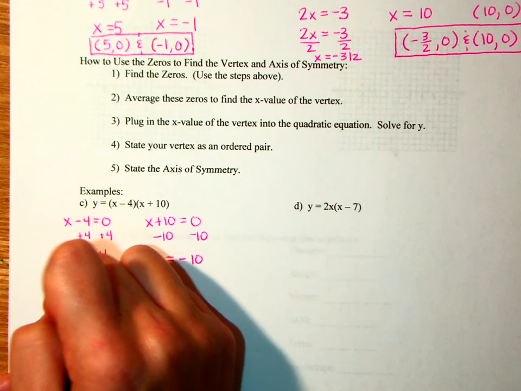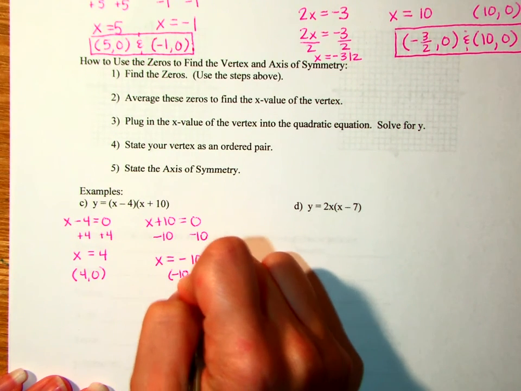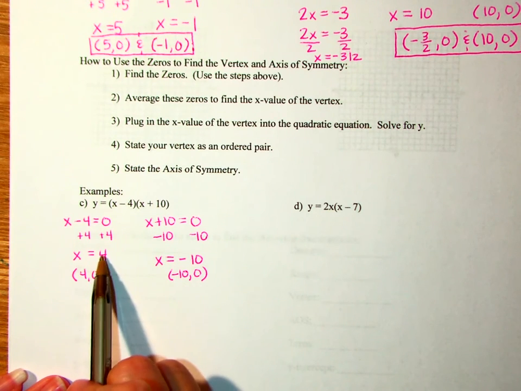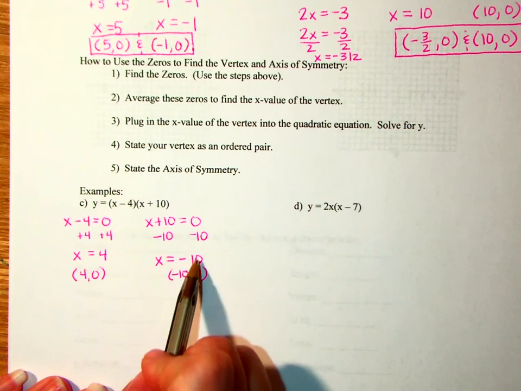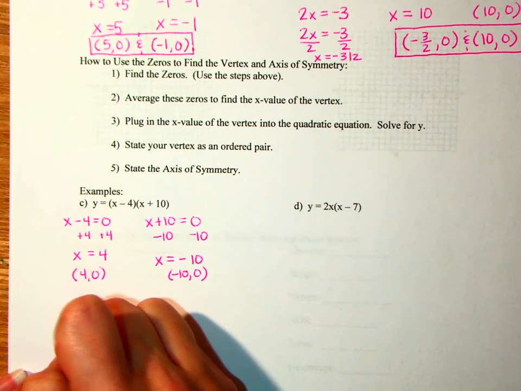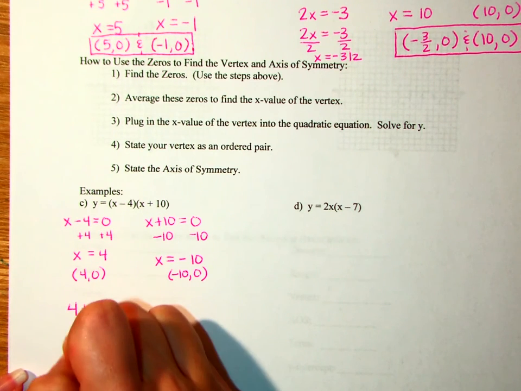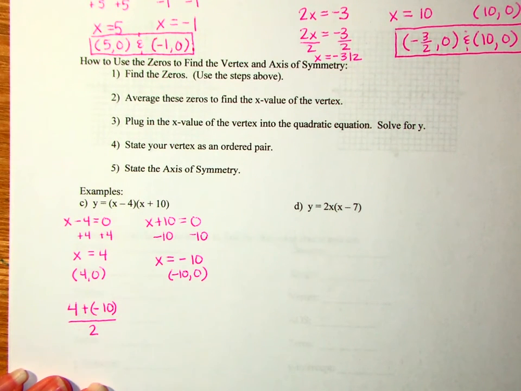Now we know how to state these as an ordered pair because we could graph those points on the graph. But all I'm really interested in is the 4 and the negative 10, because they're going to help me find the x value of the vertex. We want to average these two x's together. So to find an average, remember you add the numbers together, so 4 plus negative 10, and then we divide by however many numbers we're adding together, which in this case is 1, 2.